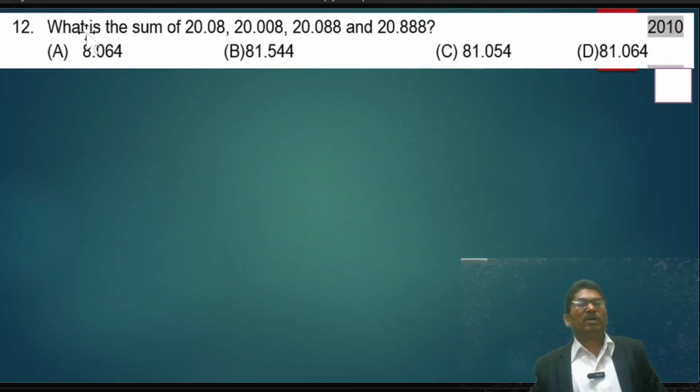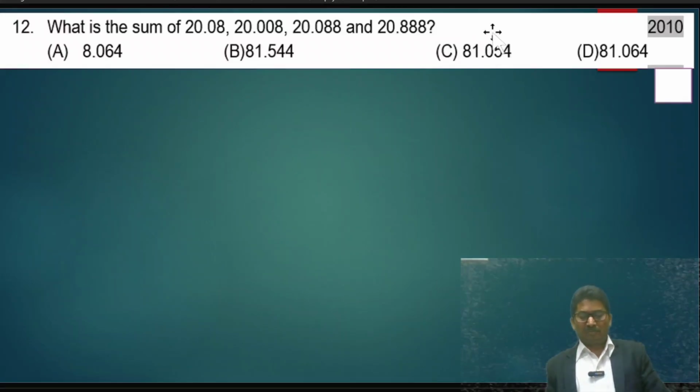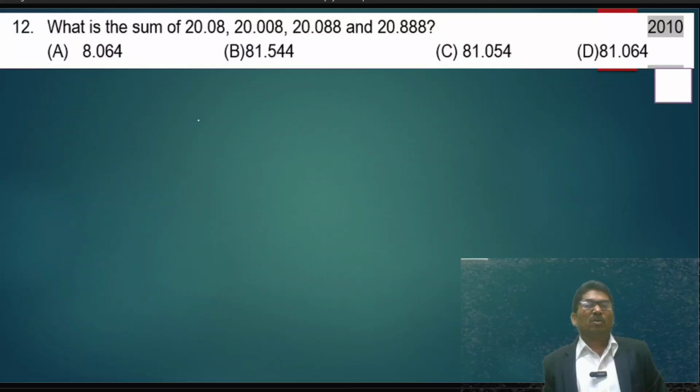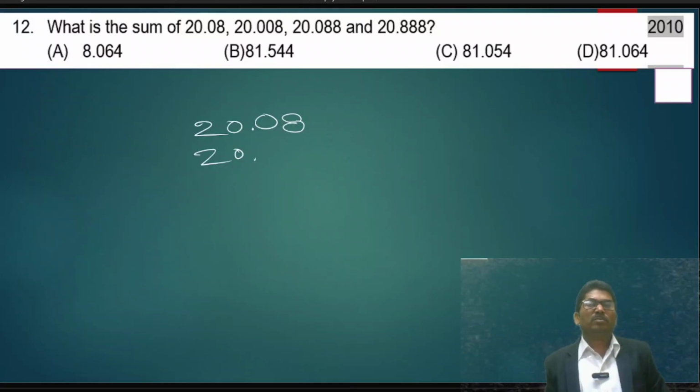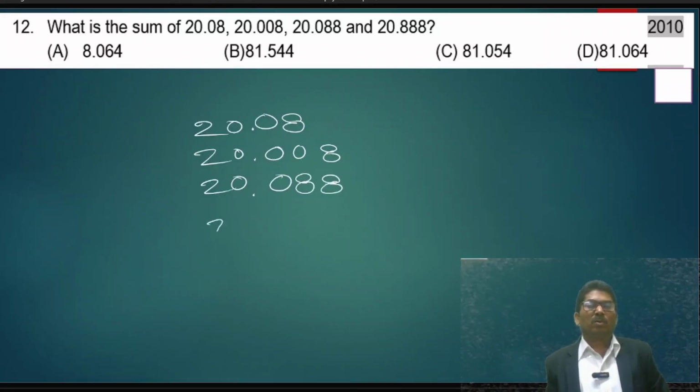Next question 12. What is the sum of 20.08, 20.008, 20.088 and 20.888? 20.08, 20.008, 20.088, 20.888.